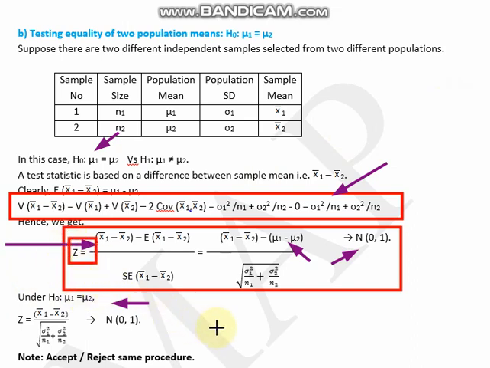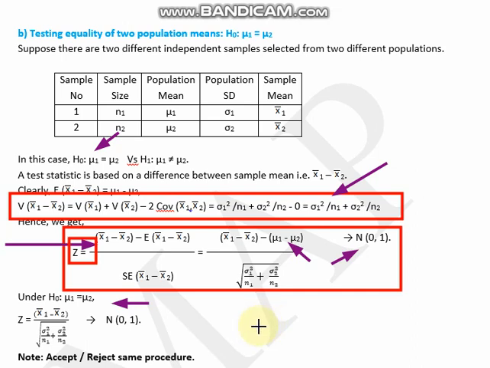The third step is related with critical region. Since my alternative hypothesis is two-tailed, I have to employ two-tailed test procedure. And in two-tailed test procedure, the table value can be obtained such that probability of mod Z greater than or equal to Z alpha by 2 equals alpha. So you can take alpha as 5%, 1% or 10%.